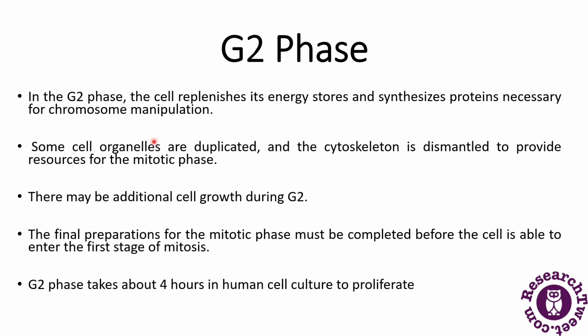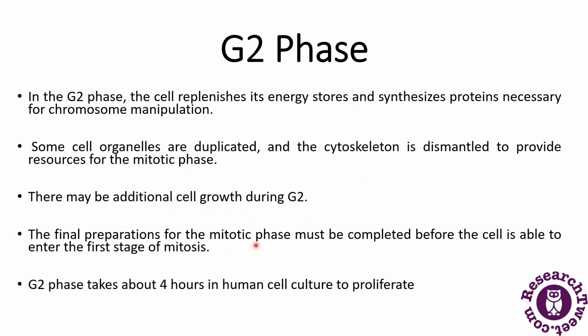Some cell organelles are duplicated and the cytoskeleton is dismantled, providing resources for the mitotic phase, because just after the G2 phase comes the initiation of the M phase, as depicted in the diagram. There is also some additional cell growth during the G2 phase.